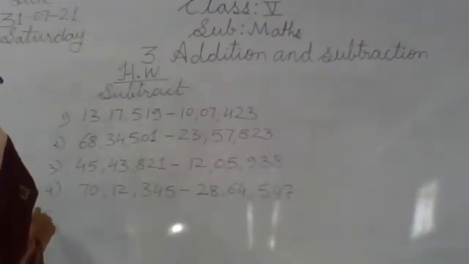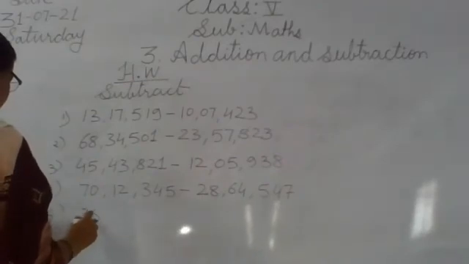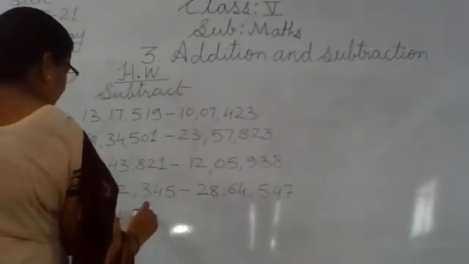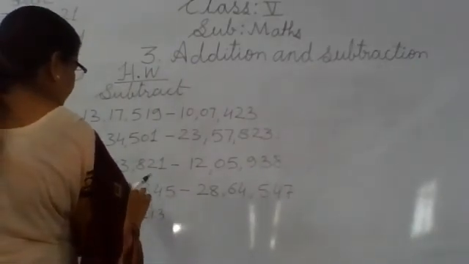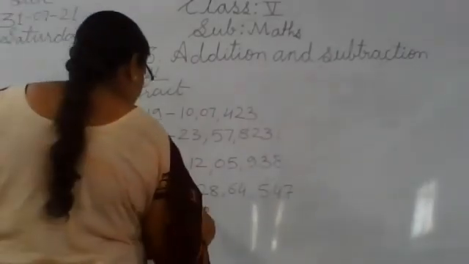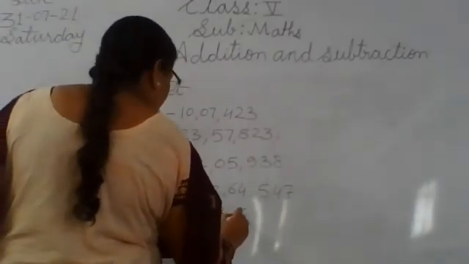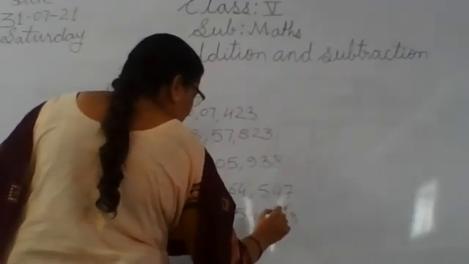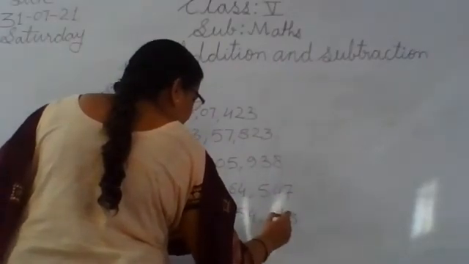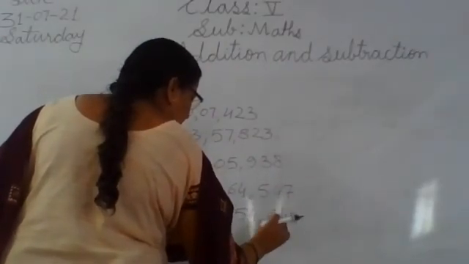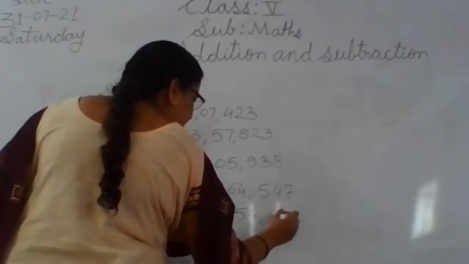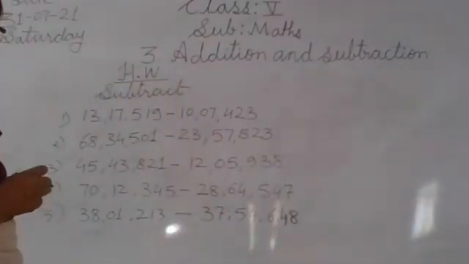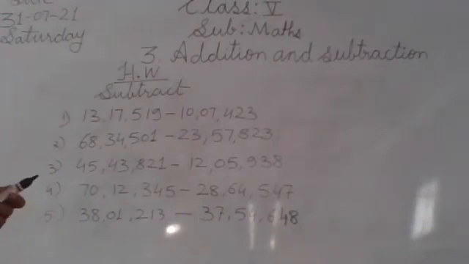And the last one is 38 lakh 1,230 minus 37 lakh 54,648. So you have to subtract the given numbers. Okay, beta, so these are the questions you have to solve.